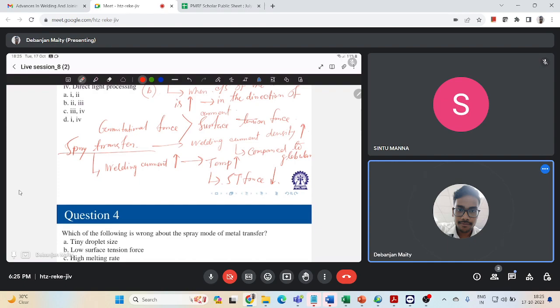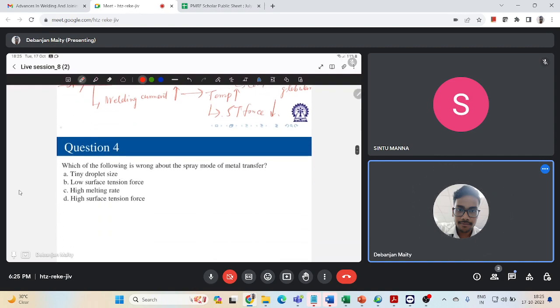Correct? And basically, it is decreasing the resistance to detachment of drops.